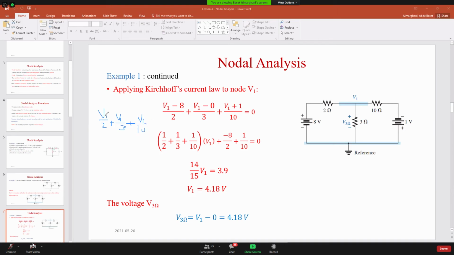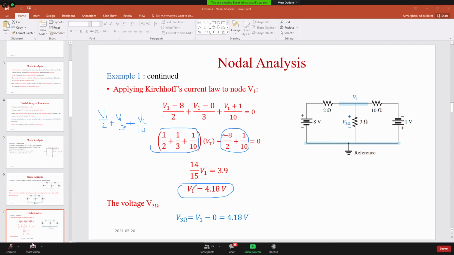I got V1 as a common factor, and I have 1 over 2, 1 over 3, 1 over 10, which is this. If you multiply, V1 will be V1 here, V1 here, V1 here. Then the other one, minus 8 over 2 and my plus 1 over 10. These are the two numbers. Move them to the other side, find this, you can find V1.